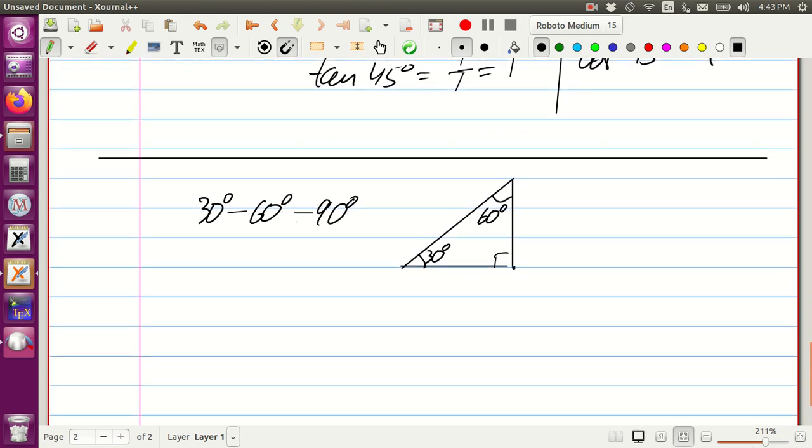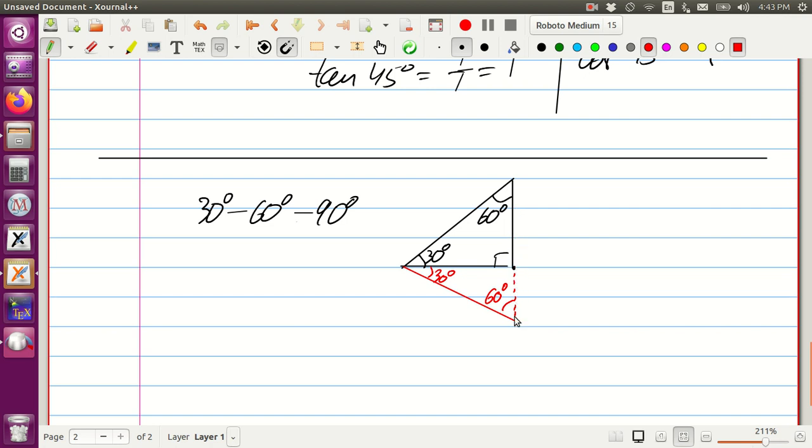So let's see if we can come up with this. If you build up this triangle, if you continue it on and you connect this like this, then this angle will be 60 degrees and this angle will be 30 degrees, but 30 and 30 together will be also 60 degrees.